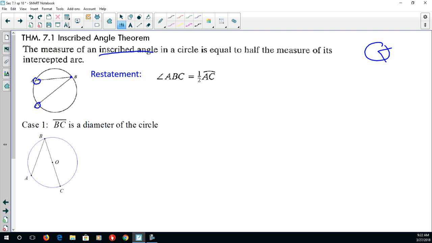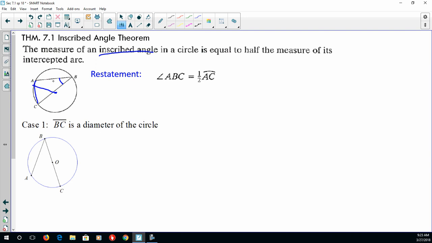All right, and the inscribed angle theorem says that the measure of angle ABC is 1/2 the measure of arc AC. Now, let's make sure we understand what that means. The measure of the arc is determined by the measure of the central angle.